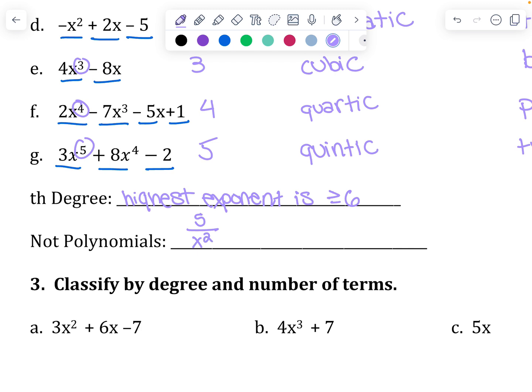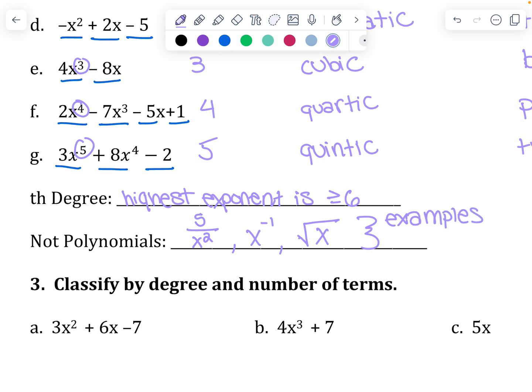Nope, nope, nope. That is not a polynomial. If I have x to the -1, can't have negative exponents, so not a polynomial. If I have the square root of x, so x underneath the square root, can't have that. So all of these are examples of not polynomials.